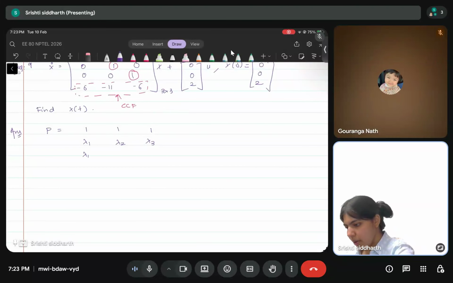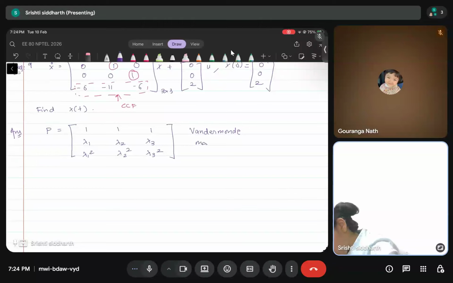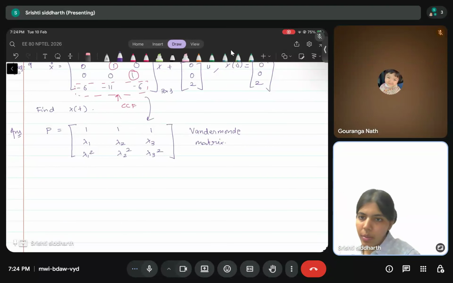Then we have lambda 1 squared, lambda 2 squared, lambda 3 squared. So if we know the three distinct eigenvalues, we know how to find the matrix P. This is known as the Vandermonde matrix. So if the matrix is in CCF form, we can get the matrix P.